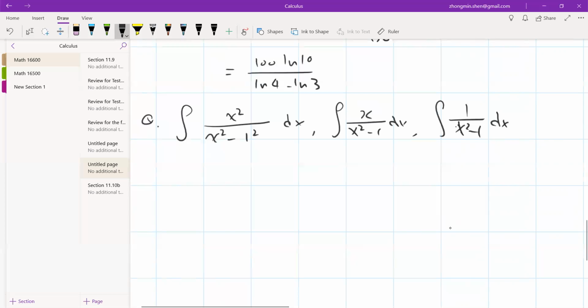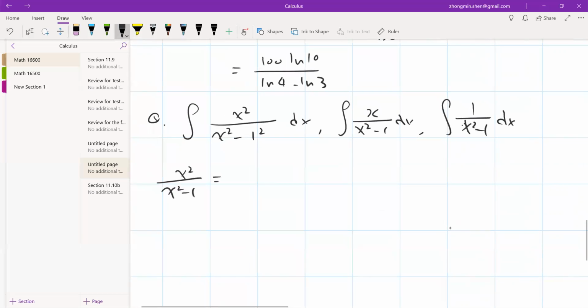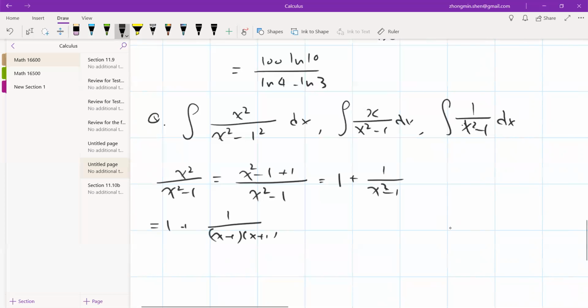The third type, you still have to do the division before you do it. Because x squared over x squared minus 1, if you do it directly, is going to be 1 plus 1 over x minus 1, x plus 1. Now, if you don't know how to decompose it quickly, you have to express it in this form and determine the constants a and b.